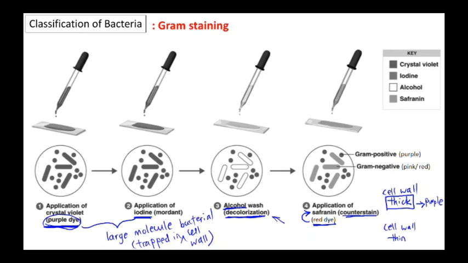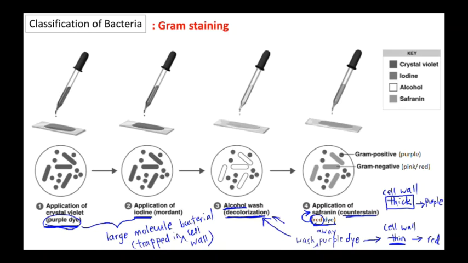But if the cell wall of the bacteria is thin, then when we use alcohol, it will wash away the purple dye. When this purple dye is washed away, this bacterial cell will take up the counterstain, which is red, and that's why bacteria with a thin cell wall will appear red.